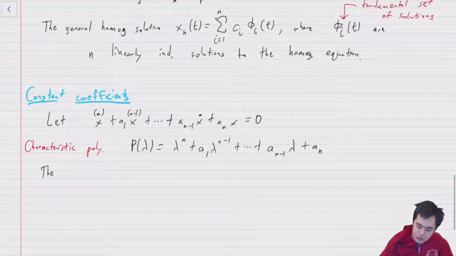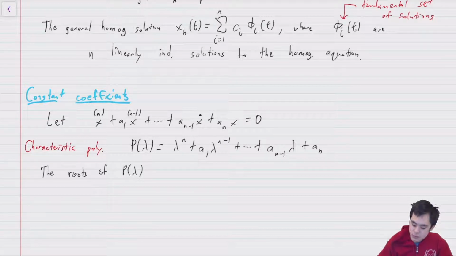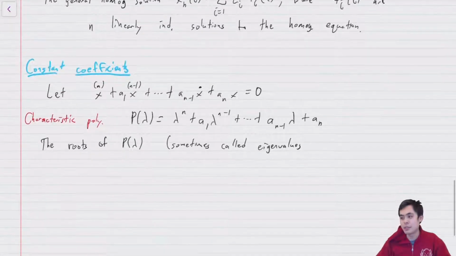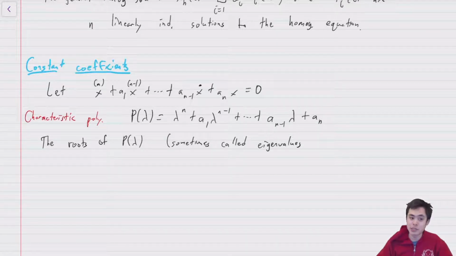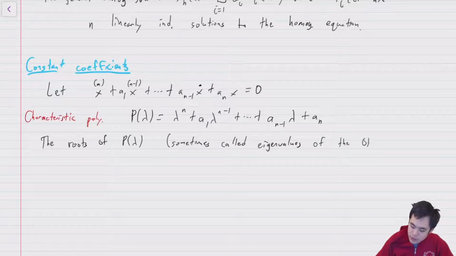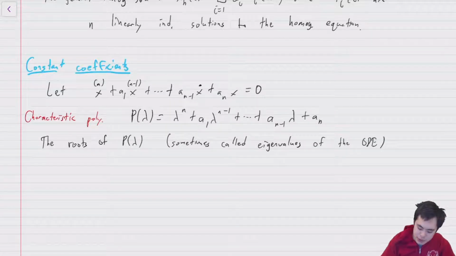The zeros, or roots, of p of lambda, sometimes also called eigenvalues for reasons that you should remember from Mat B44, and that will become obvious when we explain the correspondence between higher order linear ODEs and systems of first order ODEs, give us a set of linearly independent solutions.